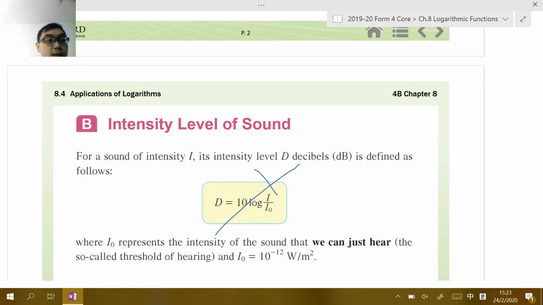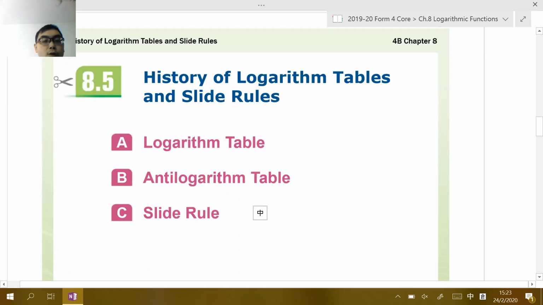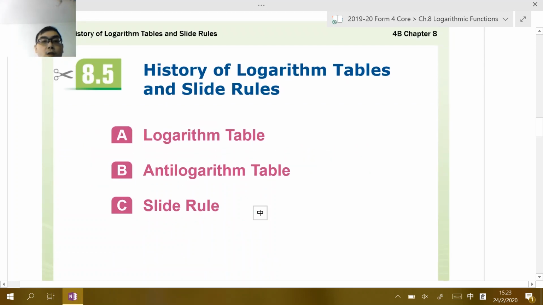And also you can see that after Chapter 8.4, you will have something about the history of log tables and slide rules. As I mentioned before, the logarithm was used many years ago in most of the European countries, because at that time people were navigating, 航海, traveling over the sea.